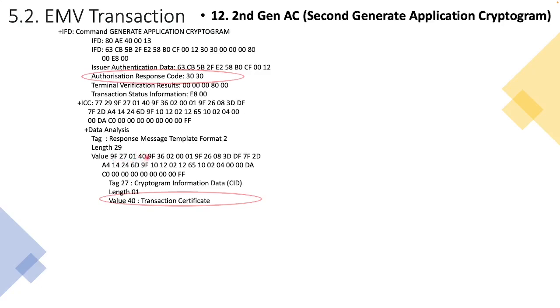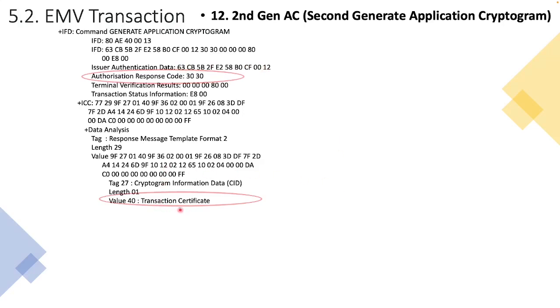So the card response of 40 matches the terminal request of 40, and it's done this because it has taken the authorization response code, created the ARPC, and matched it to this, right?